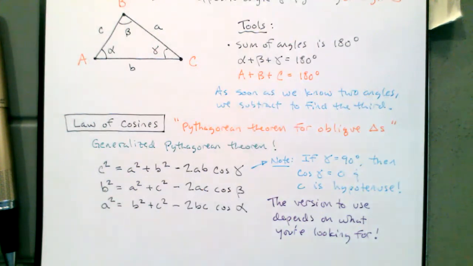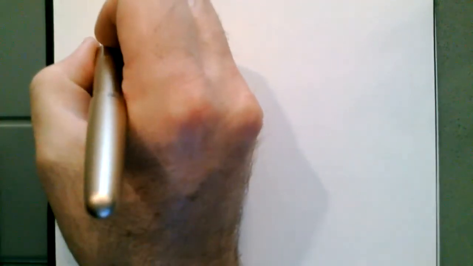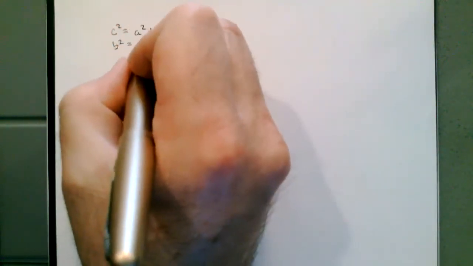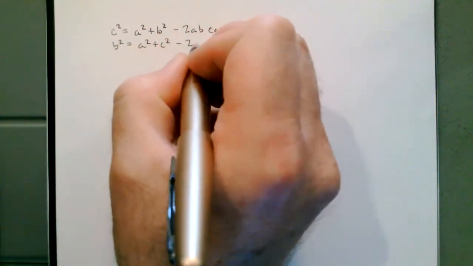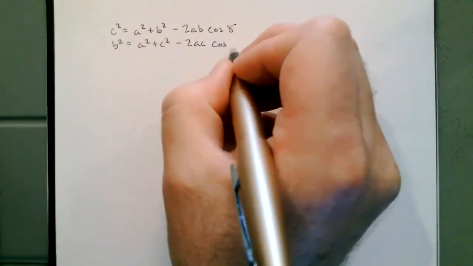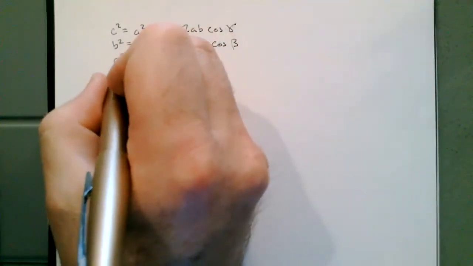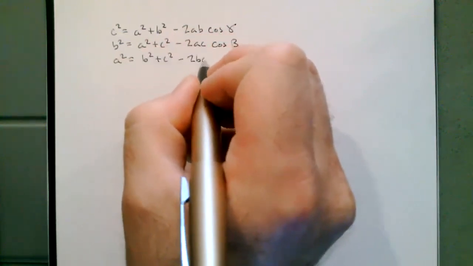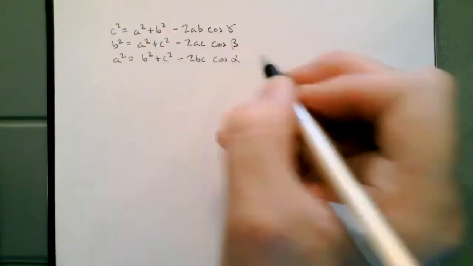So let's do an example. So remember, we've got C squared is A squared plus B squared minus 2AB cosine gamma. B squared is A squared plus C squared minus 2AC cosine beta. A squared is B squared plus C squared minus 2BC cosine alpha.